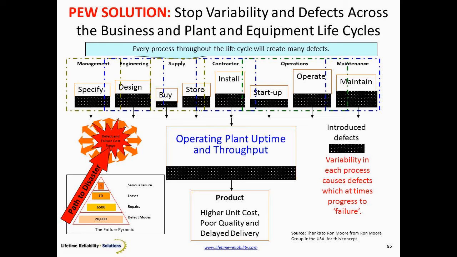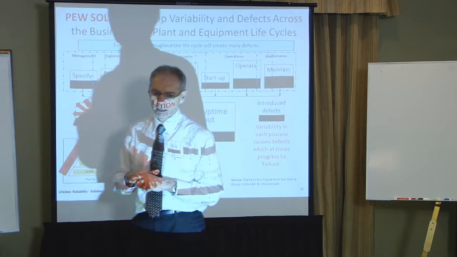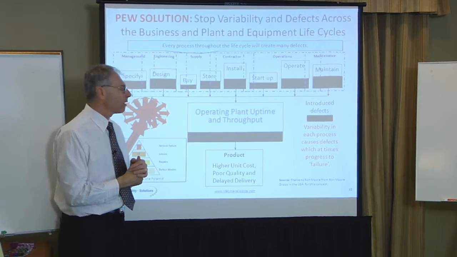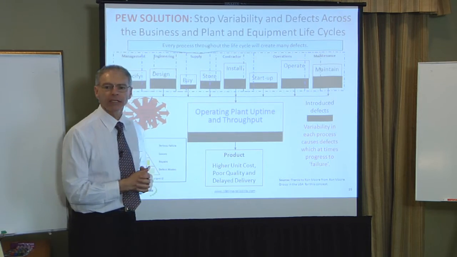And this black section here with the dots is an indication that defects and errors happen all the time. And these errors flow through into operating plant because these mistakes and misunderstandings and misassumptions are in our business. Every now and again, those opportunities that they have created result in a breakdown.